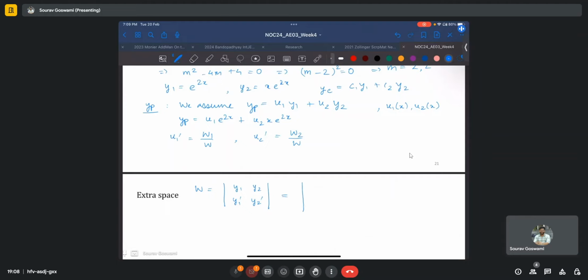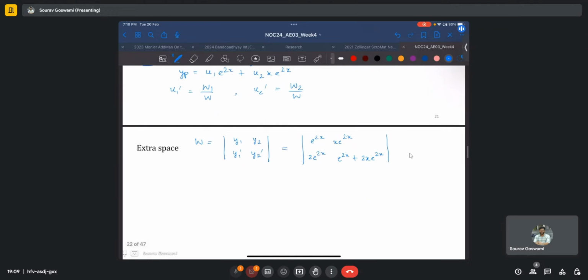So here y1 is e power 2x, y2 is x e power 2x, y1 prime will simply be 2 e power 2x, and y2 prime will be e power 2x plus twice x e power 2x. And we compute this determinant.